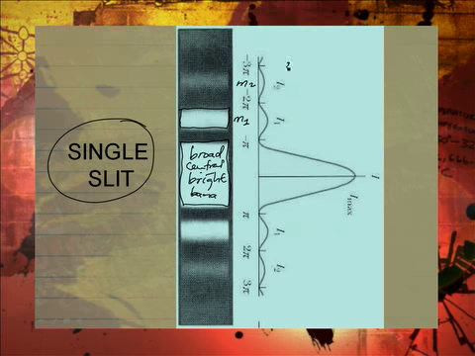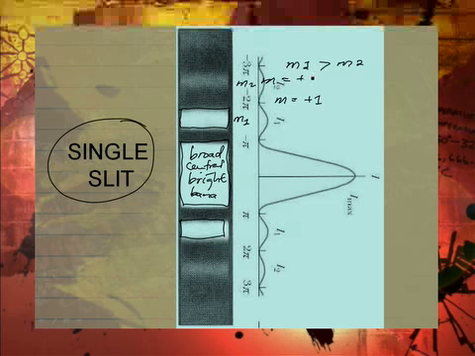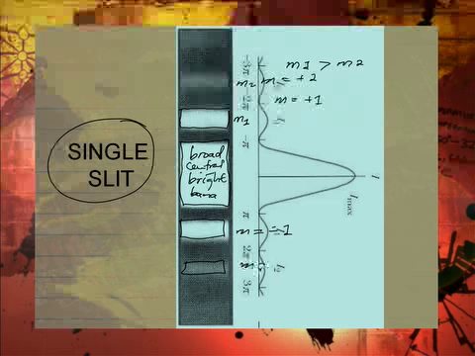The first minima should be greater in broadness than the second minima. The one up here we will call minima plus 1, this one will be minima plus 2, and down here, because it's below, we'll call this minima minus 1, and this one minima minus 2.